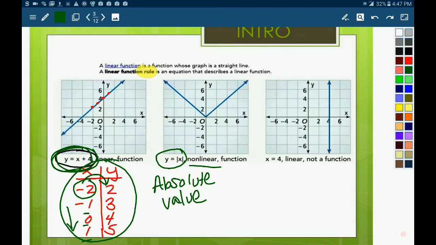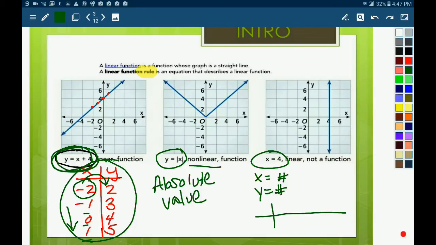And then this is kind of a special linear case as well, x equals 4. Things to remember when you just have x equals a number or y equals a number are that no matter how you create the table, you should always have that number in for that variable.